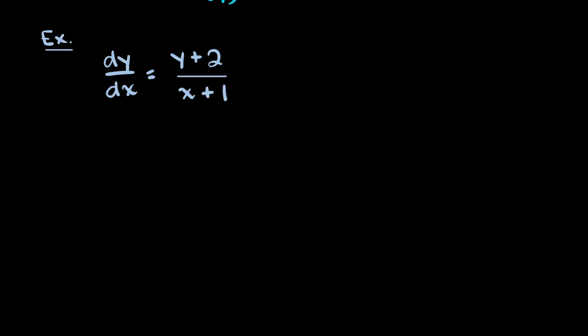And we are also given an initial condition that y, when x is equal to 0, is equal to 1. And in this specific question, we're also given another piece of information that the range y is always positive, so it's greater or equal to 0. And the domain is also restricted to be greater or equal to 0.